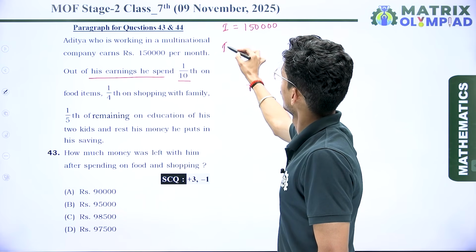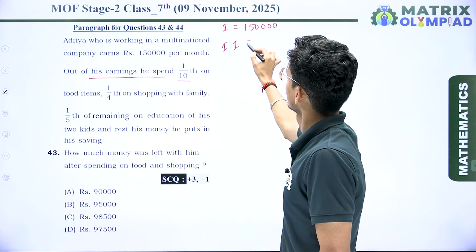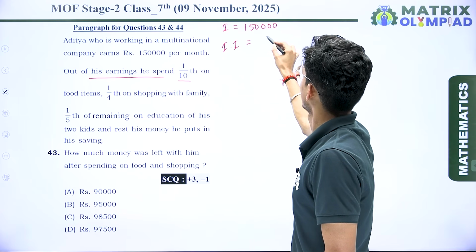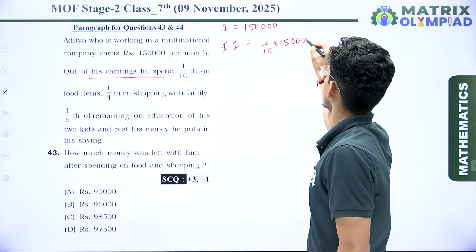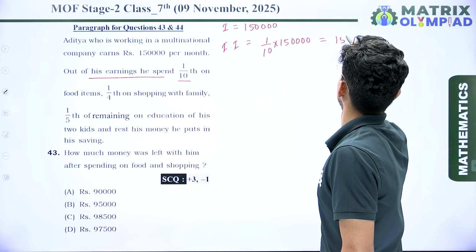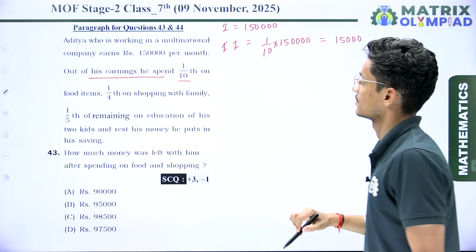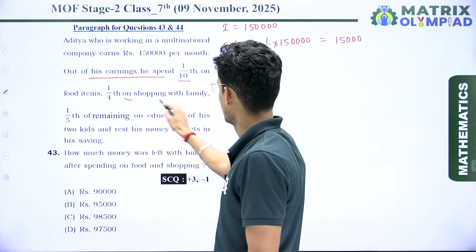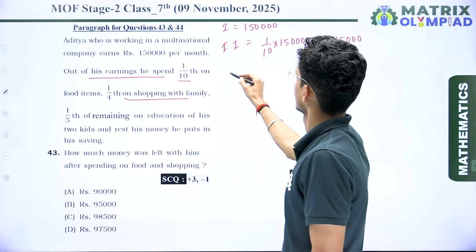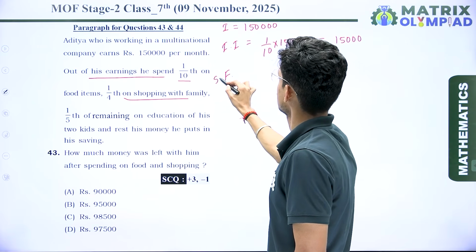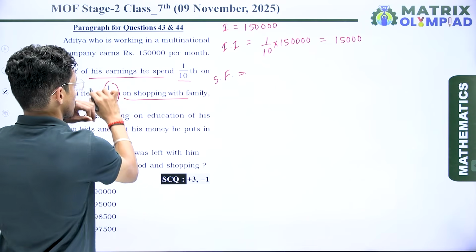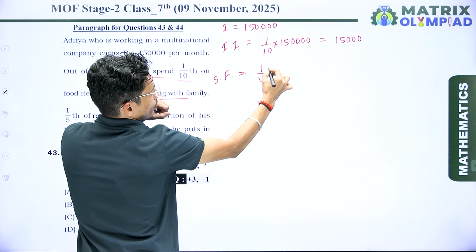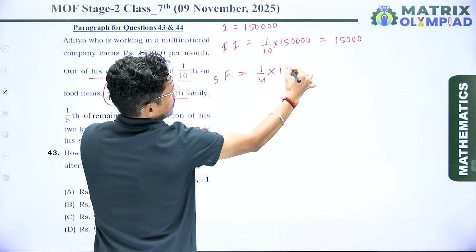So on food item, he spent 1/10 of its total income, that is 15,000 rupees. And 1/4 on shopping with family. So shopping with family, that is SF, which is equal to 1/4 of his income.